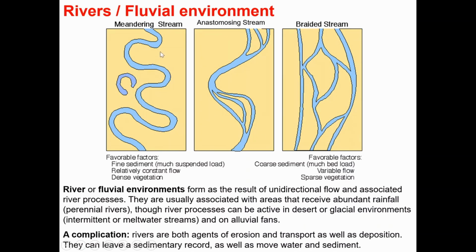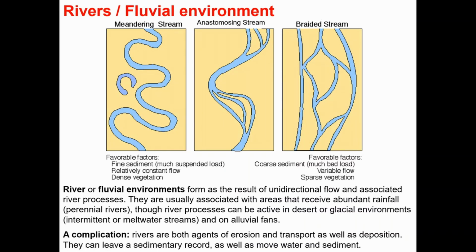And the meandering river meanders, so the channel is sinuous, while in a braided river the channels are relatively straight. Anastomosing rivers have multiple river channels, but the channels are sinuous. Based on the morphology, we characterize rivers into three categories: meandering river system, braided river system, and anastomosing stream.